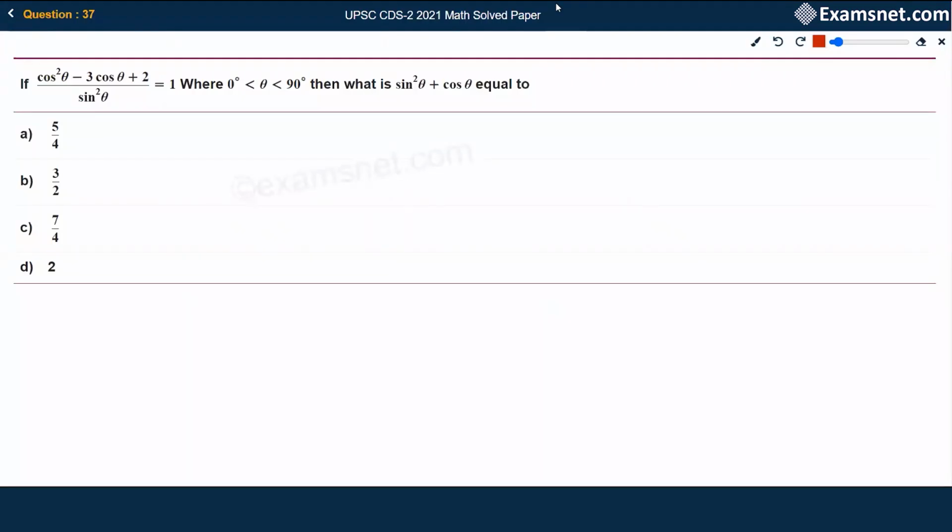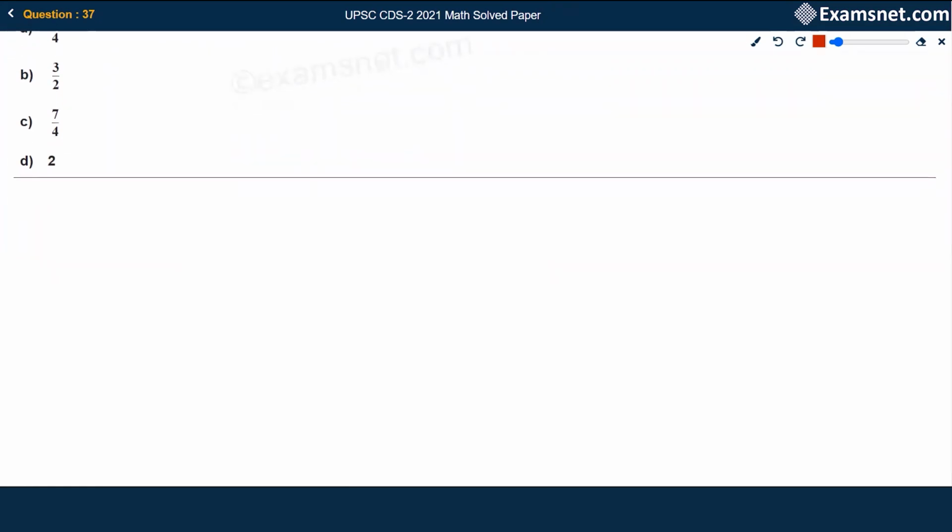In question number 37, it is given that if (cos square theta minus 3 cos theta plus 2) by sine square theta equals 1, where theta lies between 0 degree to 90 degree, then what is sine square theta plus cos theta equal to? First, from the given equation, we will try to find out the value for theta.